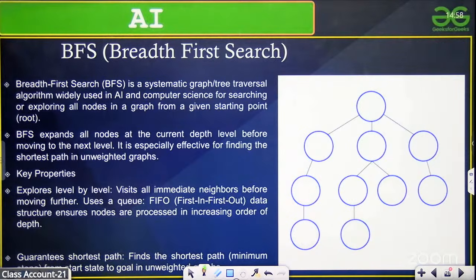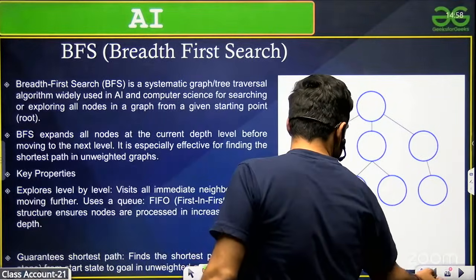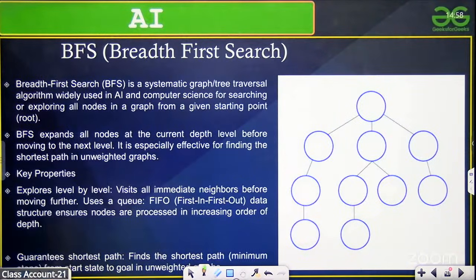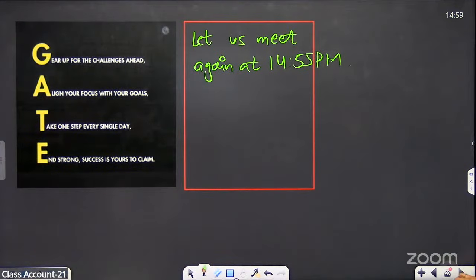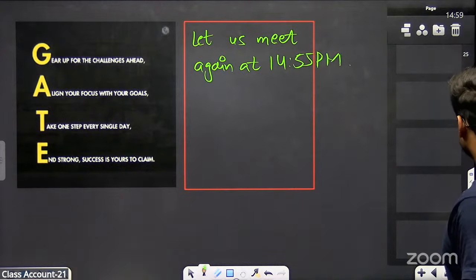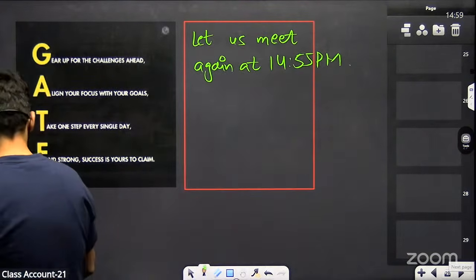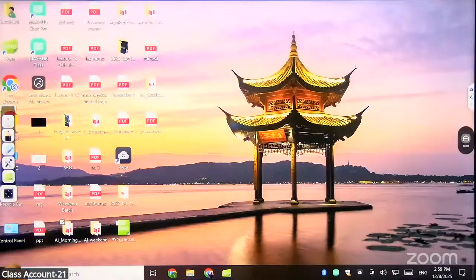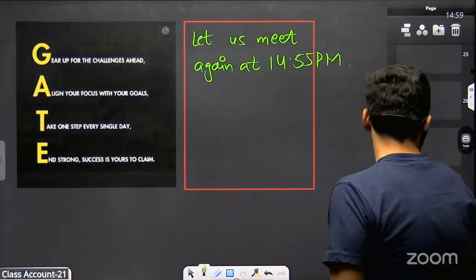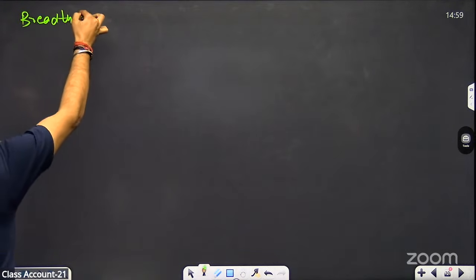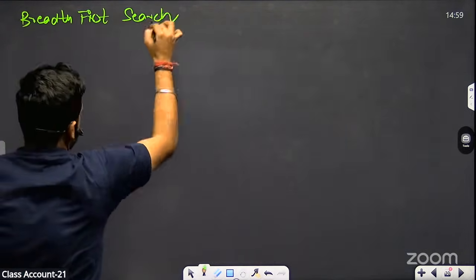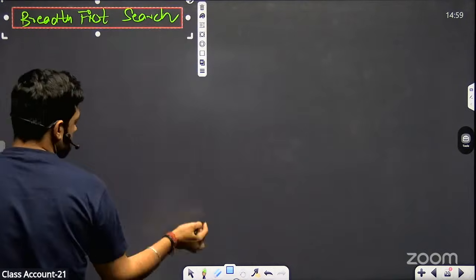Now I'll write certain important points for breadth first search.